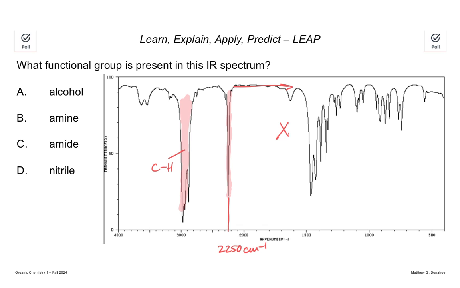So of these, the correct choice would be D, nitrile. That signal is telling you there's a carbon-nitrogen triple bond. And as you stack more layers into your lasagna, you could confirm that by looking at the mass spectrum, where the parent ion would have an odd mass.